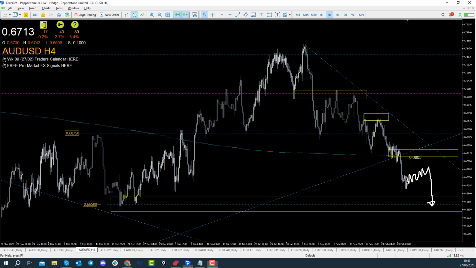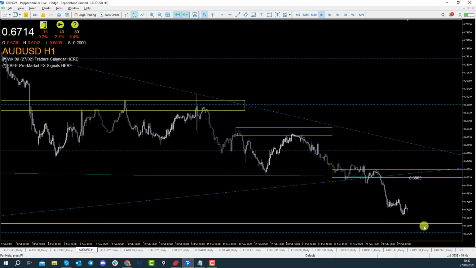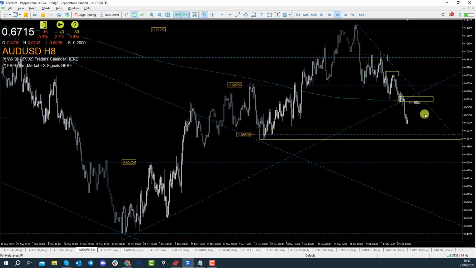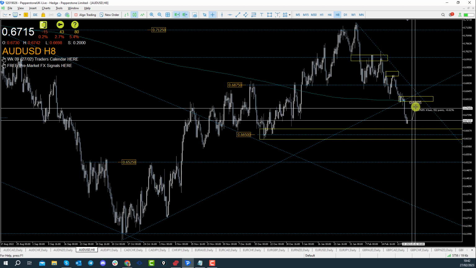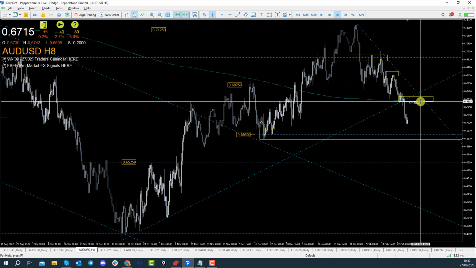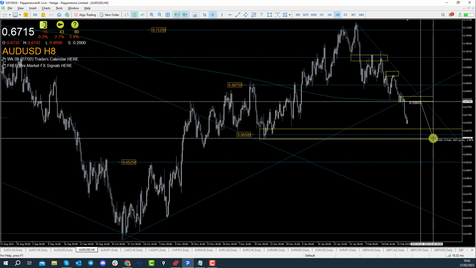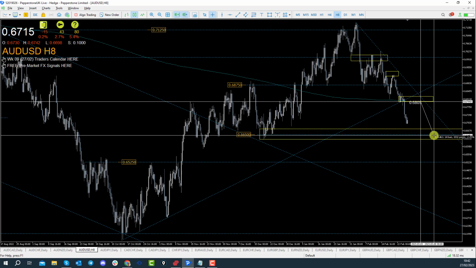What I'd like to see from the lower time frame is price forming higher highs and higher lows, and then eventually forming a rejection of the highs, leading to a breakout opportunity, maybe a bearish flag pattern or something like that, which would give us a good opportunity to see price trade lower. So really speaking, I want to see a pullback first. This 8 hours perfect. If we could see some kind of pullback into that 0.68 handle, that would give us a real good opportunity to trade down to the 0.6650.